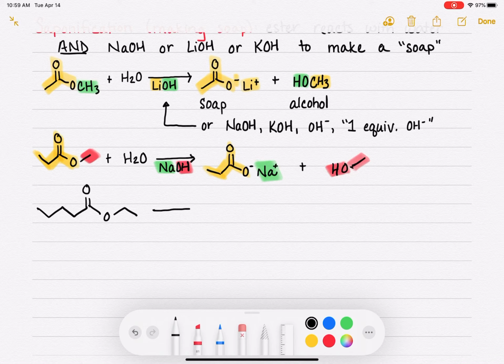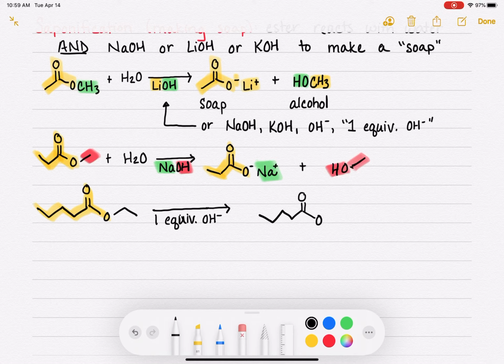This time we're going to do the one equivalent of OH minus to see how that works. So again, start by drawing your carbon-oxygen double bond and your carbon-oxygen single bond and all the rest of the stuff that's attached to the carbon-oxygen double bond. Just like that.